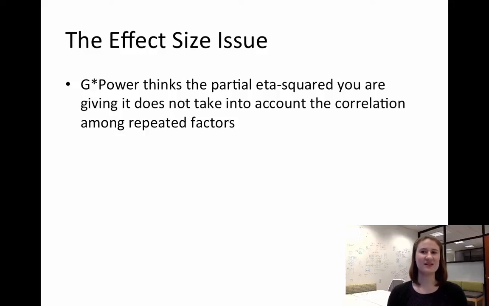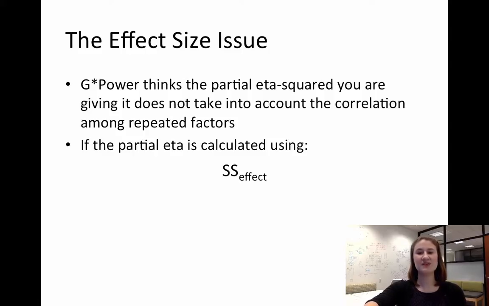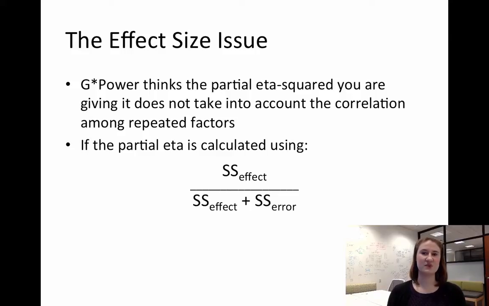The issue is that a lot of times the partial eta squared we have actually does already include the information about that correlation in the effect size itself. Some of you may be familiar with a particular formula for calculating partial eta squared, and this is the sum of squares of the effect divided by the sum of squares of the effect plus the sum of squares for the error.